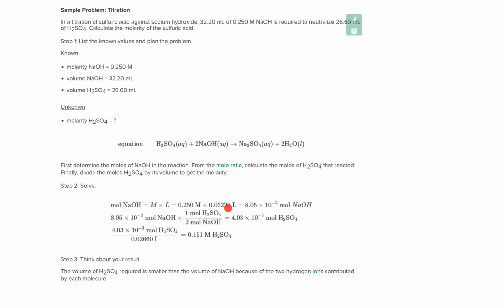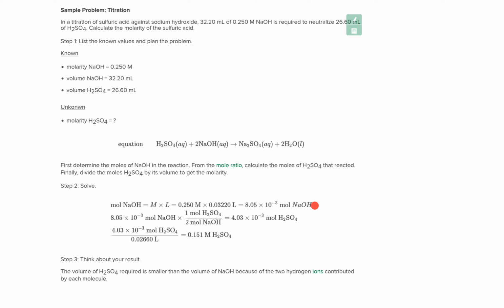But look, this is milliliters. This has to be liters. So we had to convert that to 0.03220 liters. We multiply those, we get 8.05 times 10 to the negative third moles of sodium hydroxide.